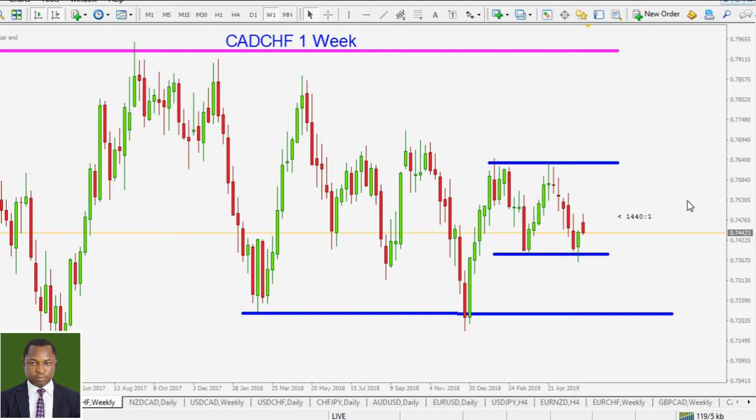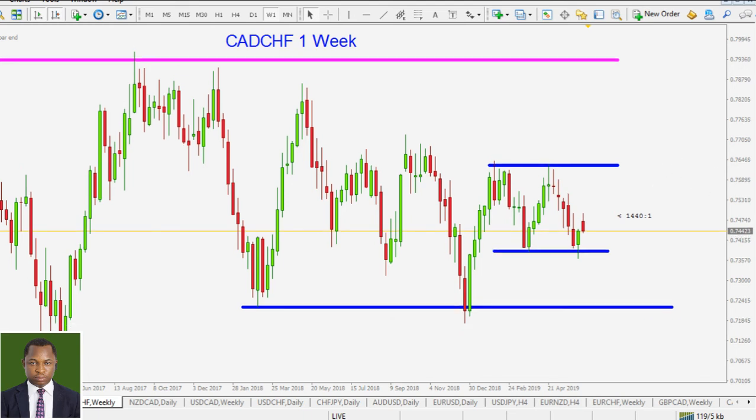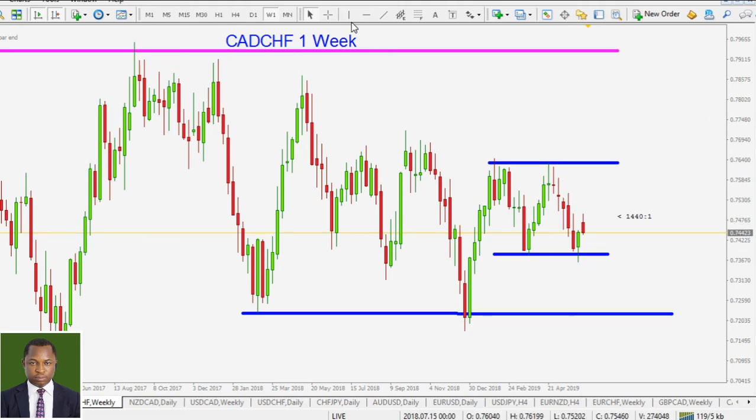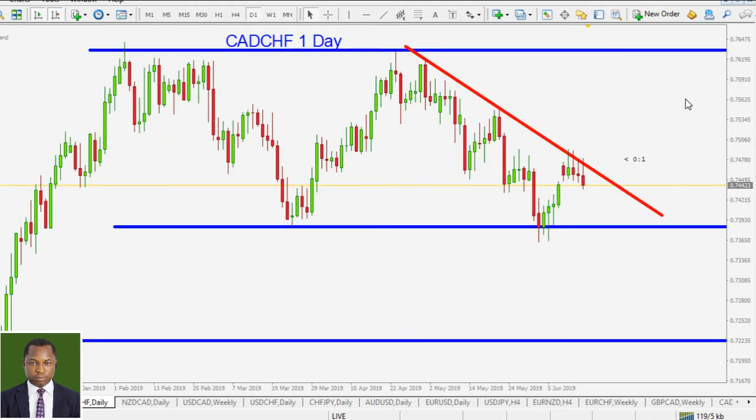The Canadian dollar against the Swiss franc. Quite some confusion going on in this pair. Heavy confusion. It looks more to the downside, it looks more to the upside. And the multiple pin bars we are having around that level of resistance in the daily time frame has worsened the confusional situation of this pair.